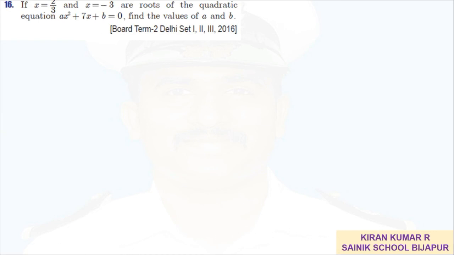We shall solve this question before winding up the session. This will be the last question for today's session. If x is equal to 2 by 3 and x is equal to negative 3 are the roots of the quadratic equation, then find the value of a and b. As I had discussed in the previous session, if they give any value of x as a root, that particular value has to satisfy the given equation.